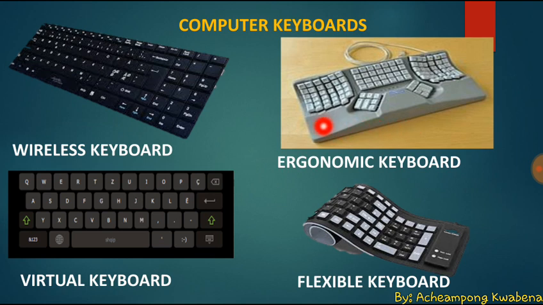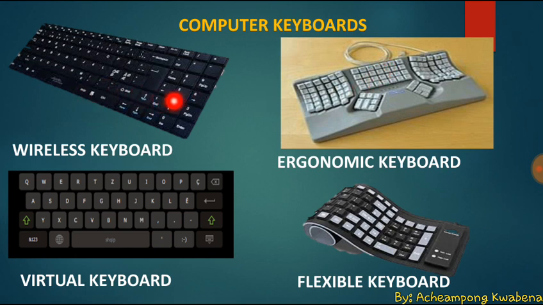This keyboard is designed in such a way that all the keys are grouped or split into different layouts. It involves the use of our two hands in typing. As we can see, the keys have been split into different parts compared to that of the wireless keyboard.